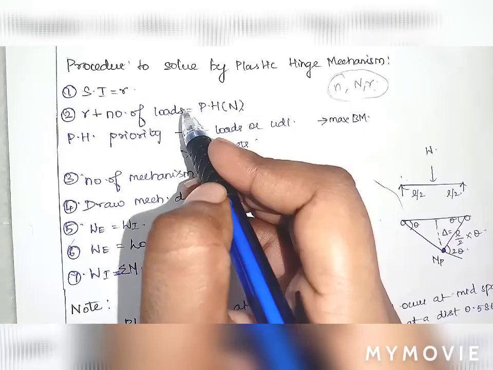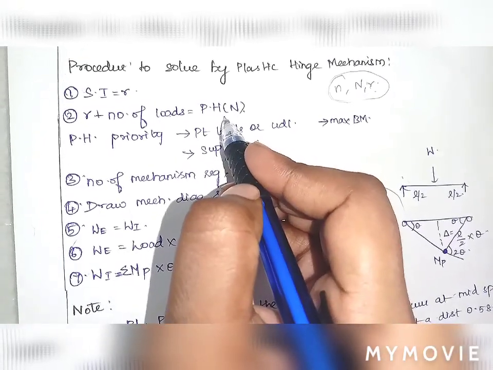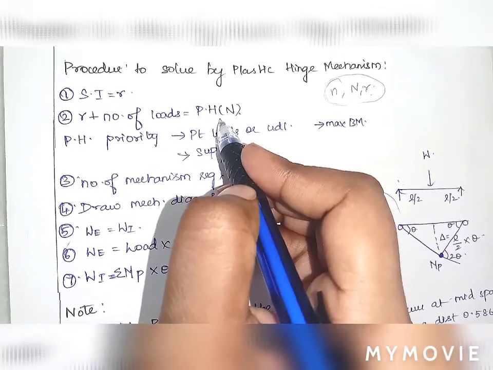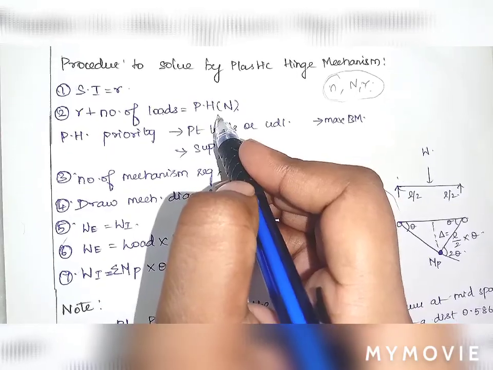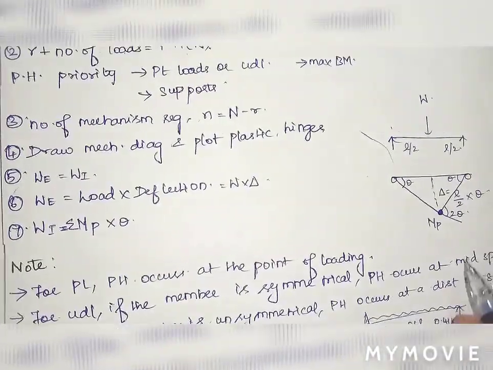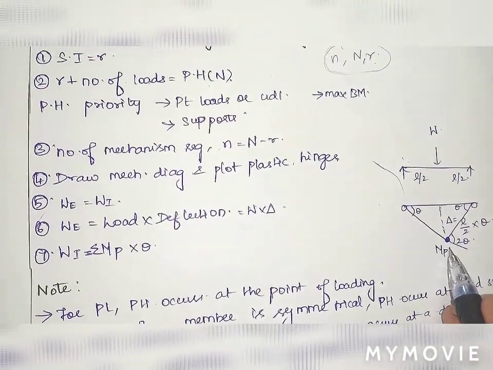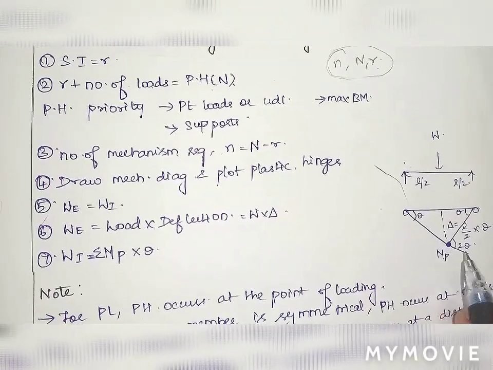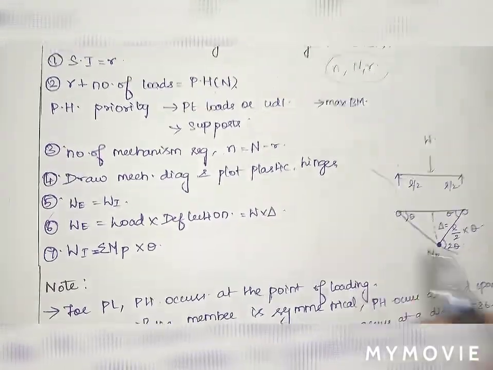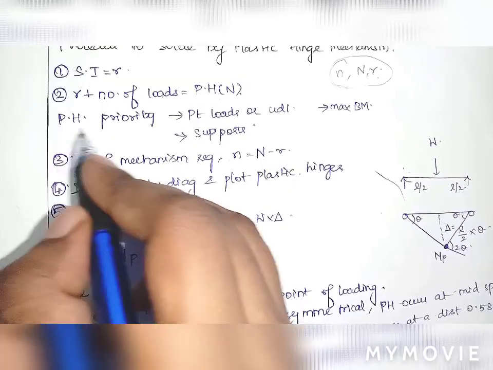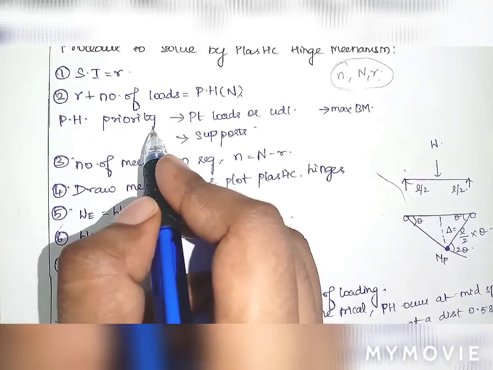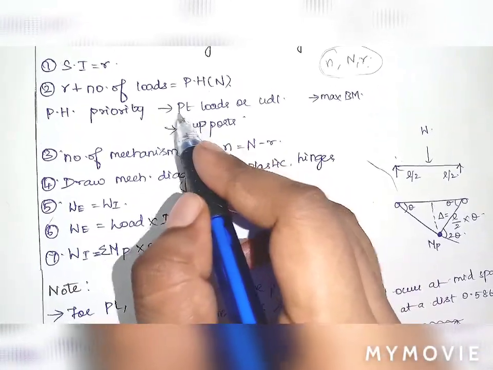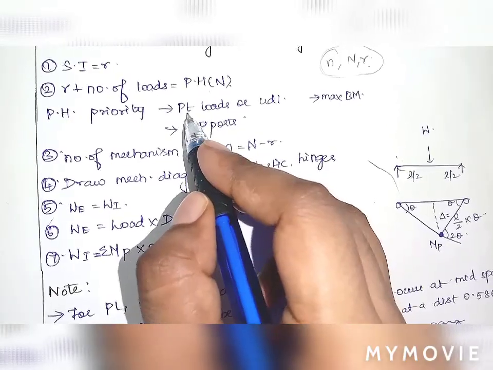Okay, so after calculating the number of plastic hinges, next we have to plot the diagram. Before plotting the diagram, first we have to know where to locate the plastic hinges. To locate the plastic hinges, some priority will be given. The first one will be the location of the loads.